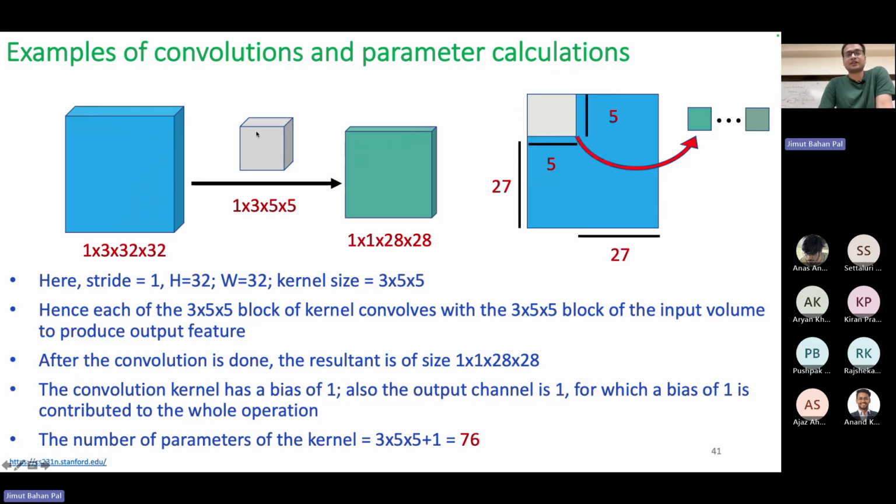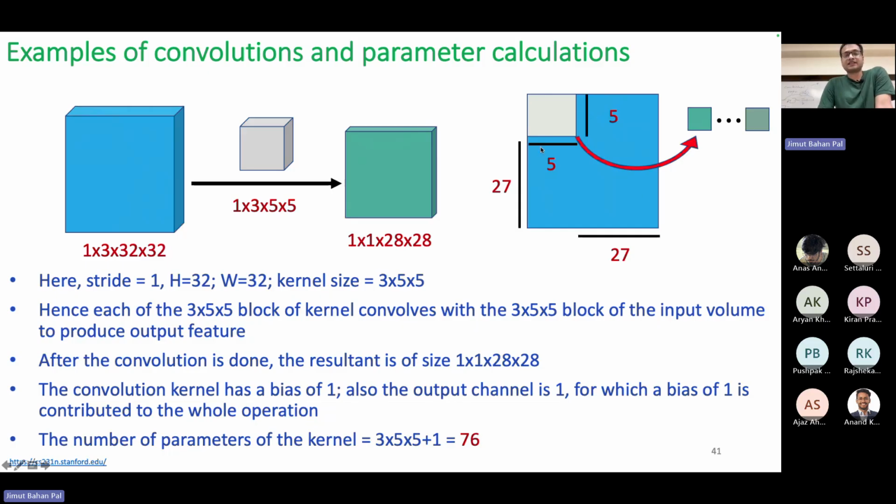First, on the top left side, we consider a patch, multiply it with the kernel, and do the dot product. It will produce 1 pixel as output.